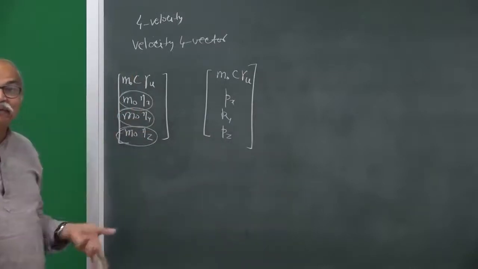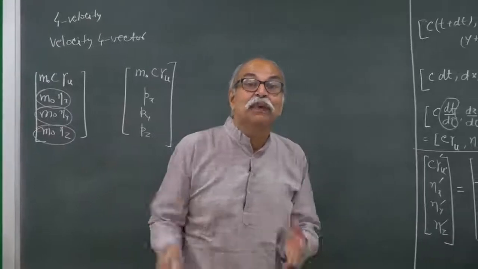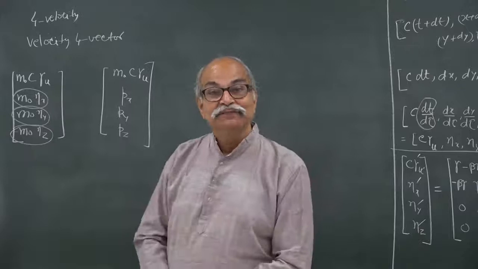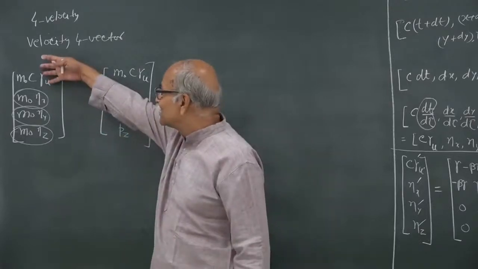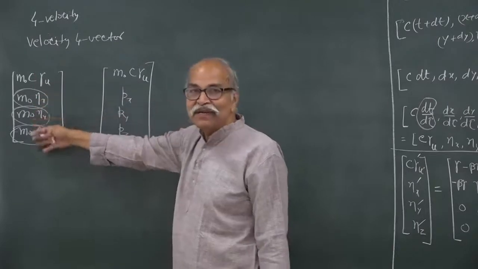So, the x, y, z components of linear momentum are part of a 4 vector, the spatial part of the 4 vector. This 0th component is called temporal part and these 3 components are called spatial part.